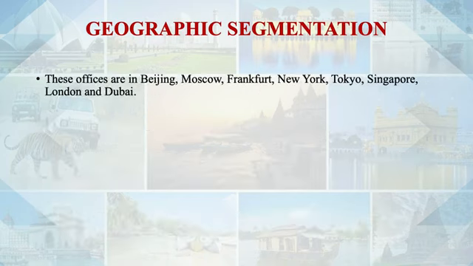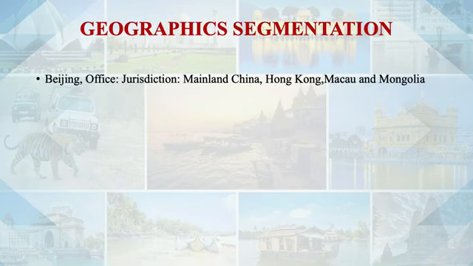These offices are in Beijing in China, Moscow in Russia, Frankfurt in Germany, New York, Tokyo, Singapore, London, and Dubai. Under the Beijing office, the jurisdiction area includes mainland China, Hong Kong, Macau and Mongolia.